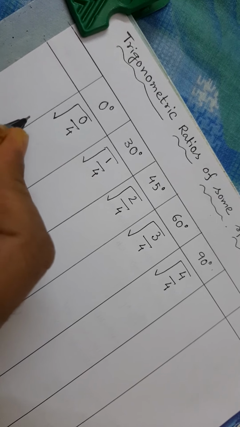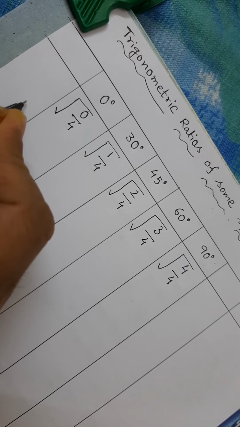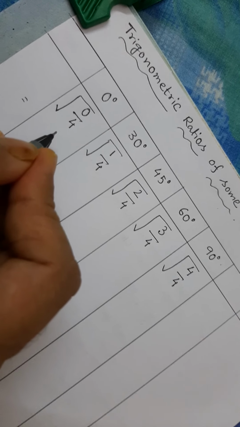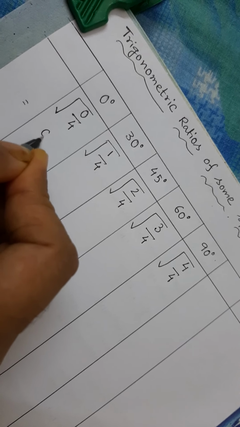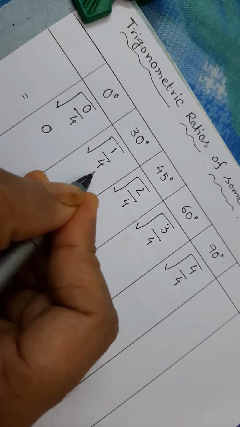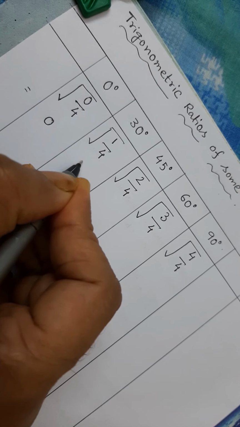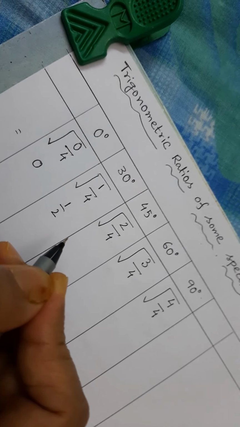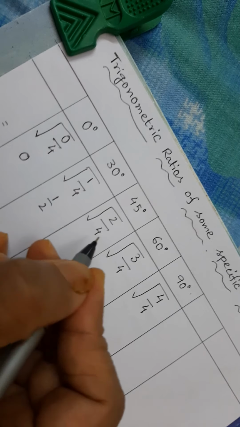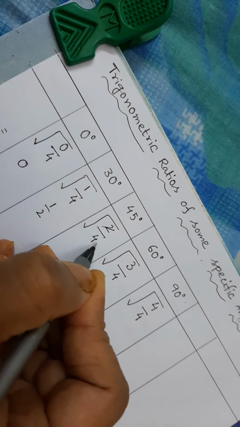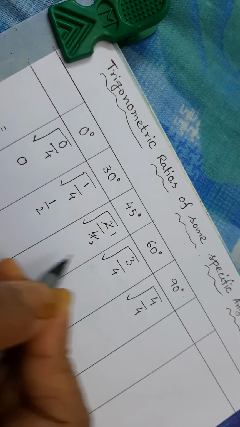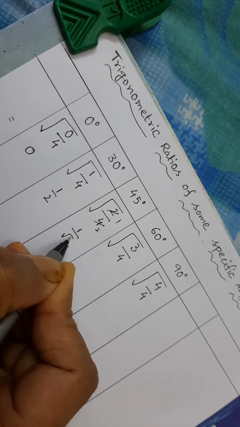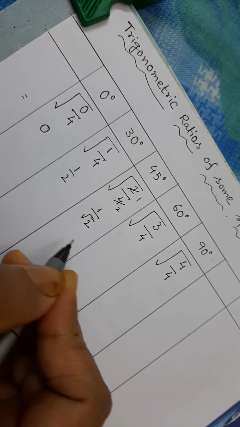So this is equal to 0 by something, that is 0. So 0. 1 by 4, square root of 4 is 2, so 1 by 2. 2 by 4 means 1 by 2, square root of that is 1 by root 2.